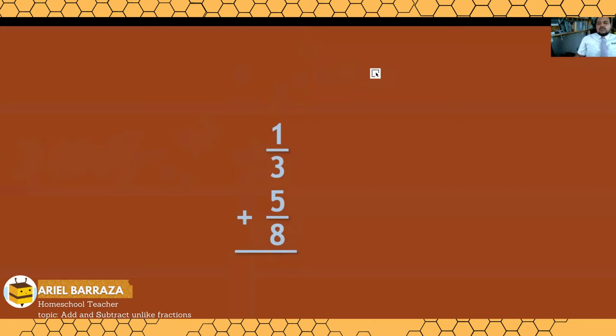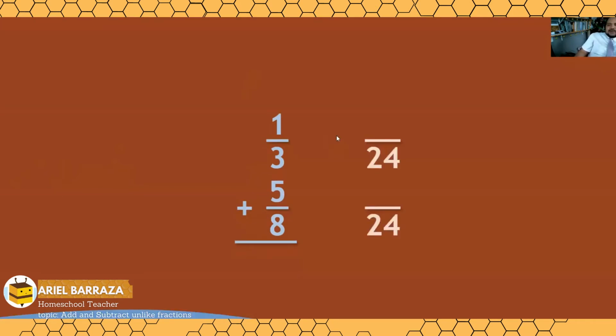The common multiple will be my new denominator for those two fractions. 24 will be my new denominator. By the way, that will be my common denominator for those fractions. So I'm going to change both of my fractions by multiplying.